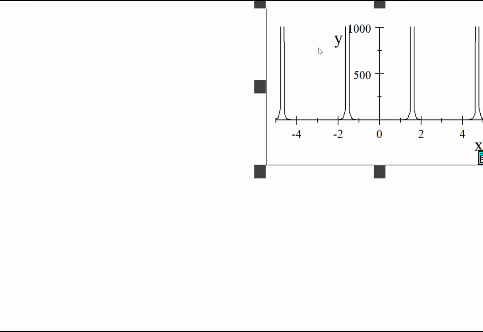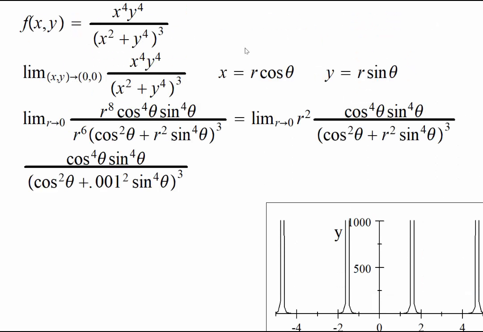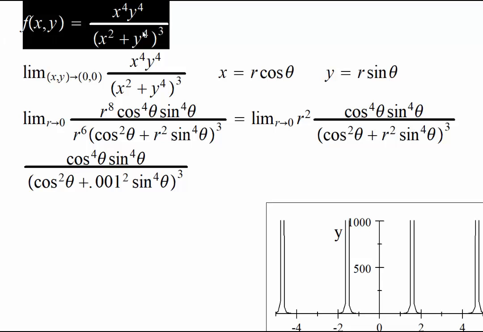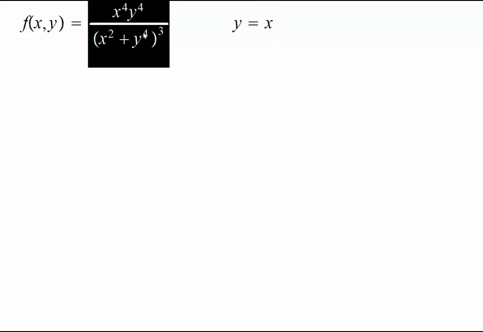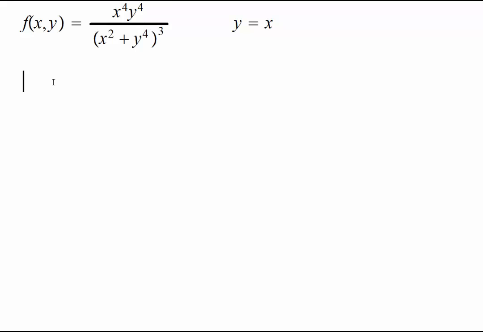Now say we did this, let's just try different routes. And remember this, the same limit through different routes does not necessarily mean that it will have the same limit, right? Okay, so let's just go ahead and try the route the way we were doing before, y equals x. If we do that, this will be x to the power 8.